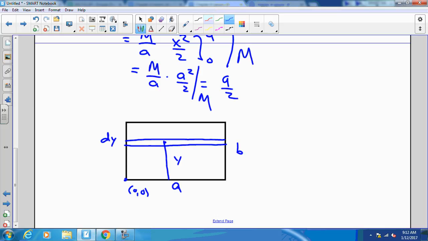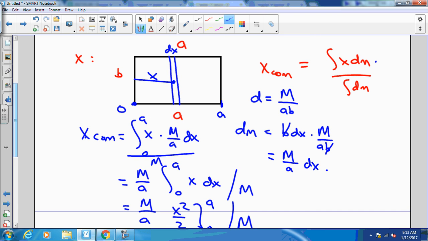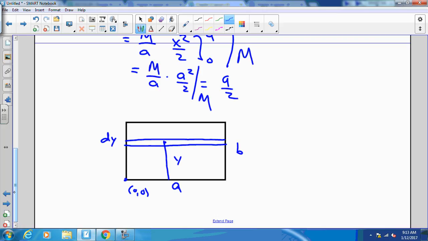Notice that to get these various strips, I'm taking all of the points that reside at a single location y. And in the other case, I took all of the points that resided at a single location x.